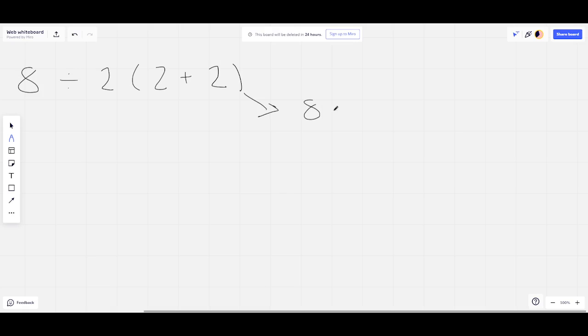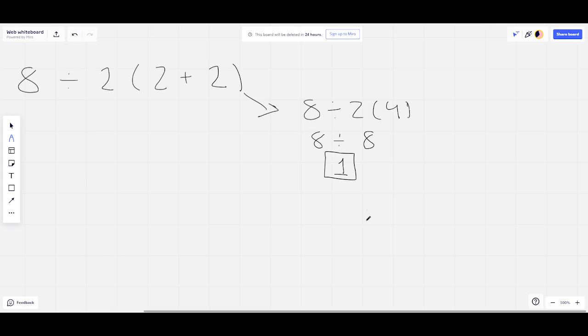So we've got 8 divided by 2 times 4. We do the same first step as before, but just adding these numbers together does not necessarily mean the parentheses go away. Parentheses are still here around the 4, and so to resolve those parentheses, we do the multiplication first, and you get 8 divided by 8, which gives you 1.